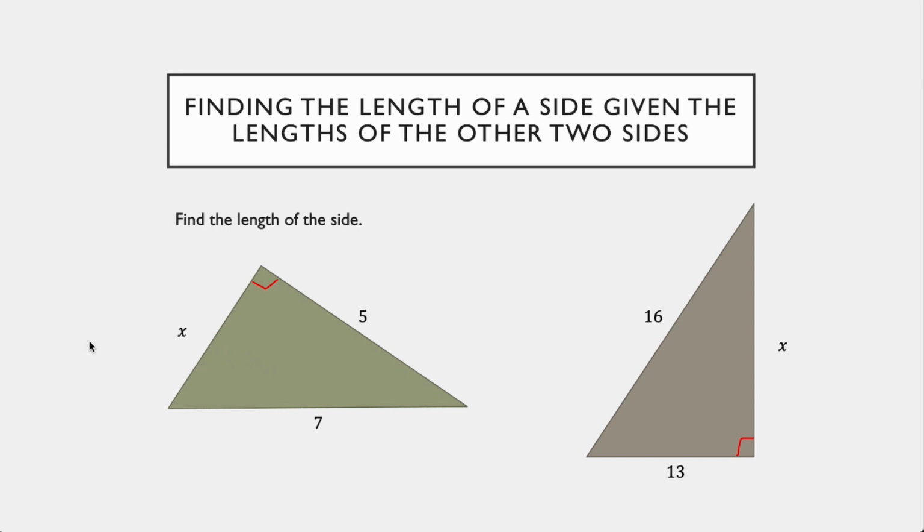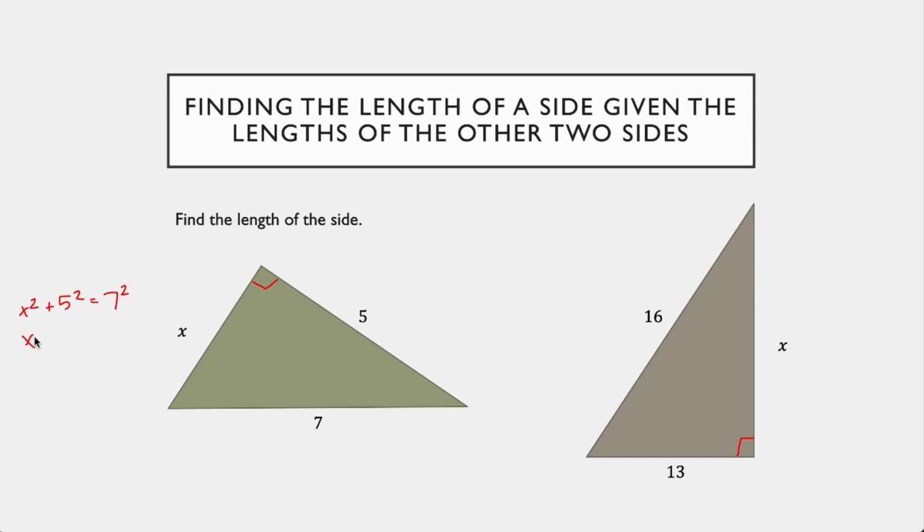Let's take the first one. So let's just put this for a: x squared plus 5 squared is equal to, remember, the hypotenuse is 7, and 7 is always c, 7 squared. So let's simplify that.